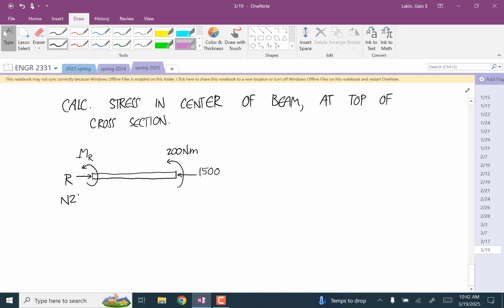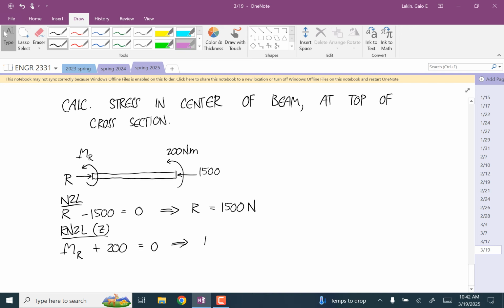Newton's second law says R minus 1500 is equal to 0. So R is equal to 1500 newtons. And the moment equation about the z-axis, we have MR plus 200 is equal to 0. So MR is equal to negative 200 Newton meters.